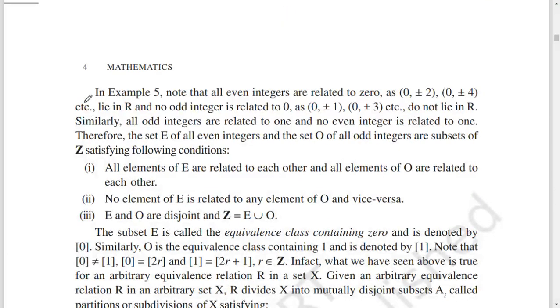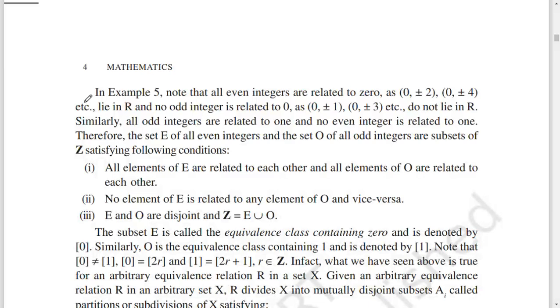In Example 5, note that all even integers are related to 0 as (0, plus minus 2), (0, plus minus 4), etc. lie in R, and no odd integer is related to 0 as (0, plus minus 1), (0, plus minus 3), etc. do not lie in R. Similarly, all odd integers are related to 1 and no even integer is related to 1.